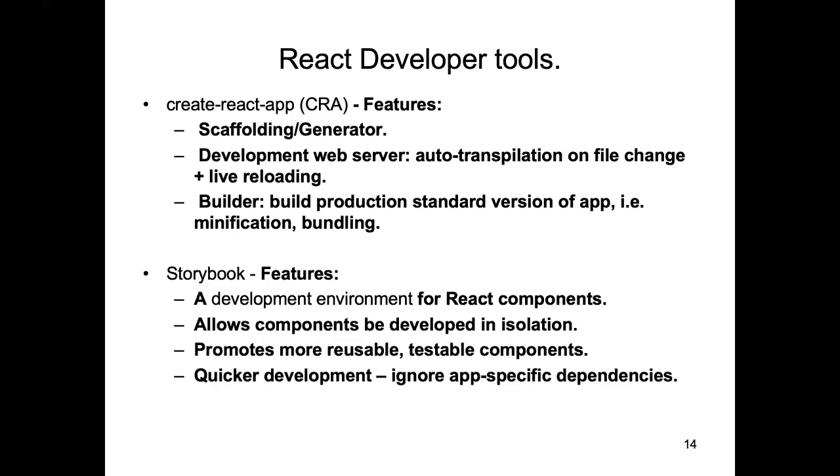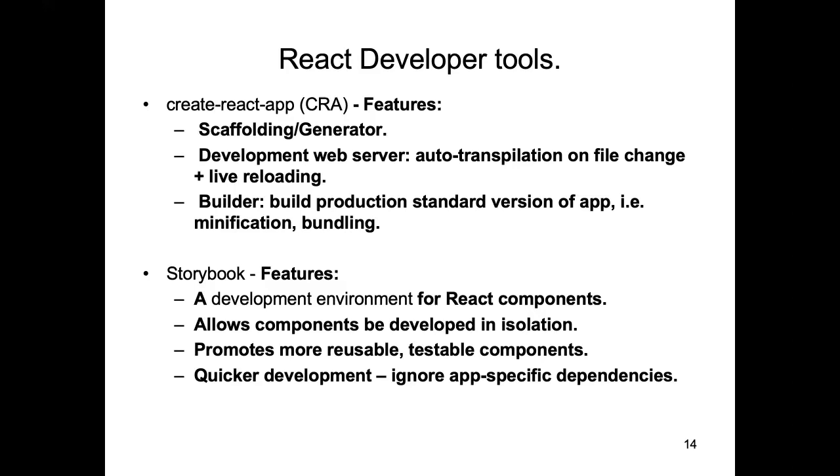The second tool then is a tool for developing individual components. What's nice about this tool called Storybook is that you can actually develop a component in complete isolation of an application. You don't have to worry about the environment that the component is running in, the environment being the actual application.